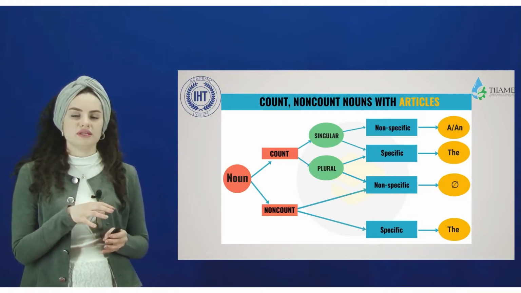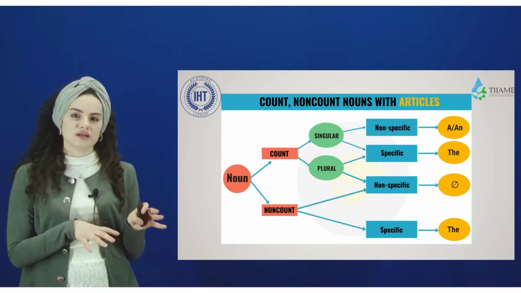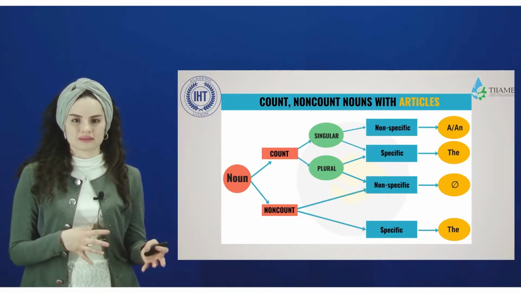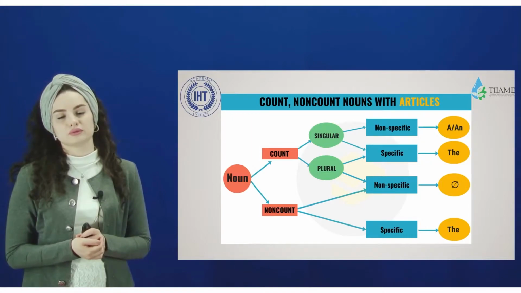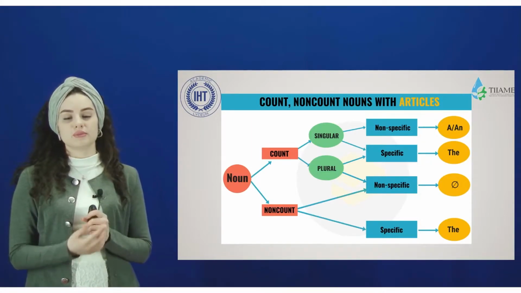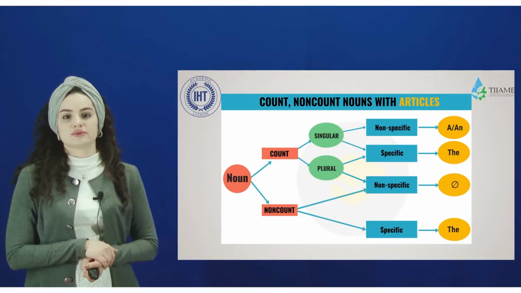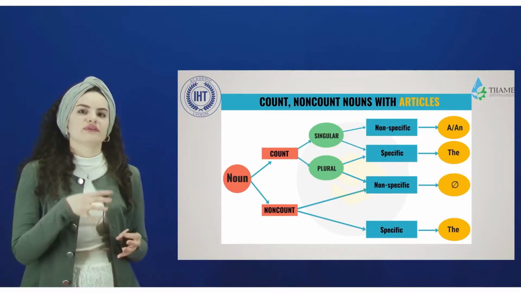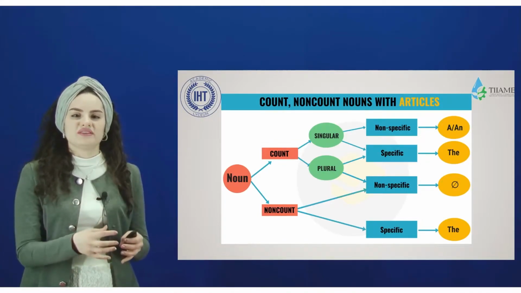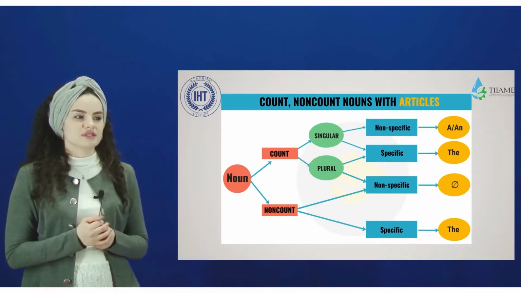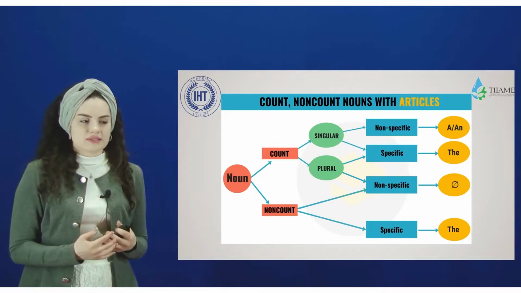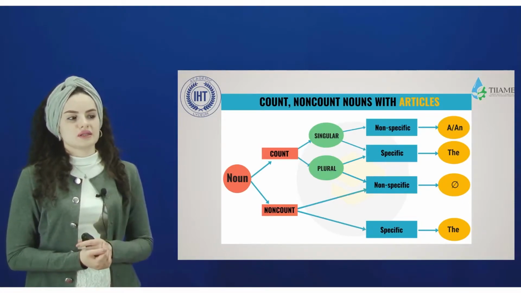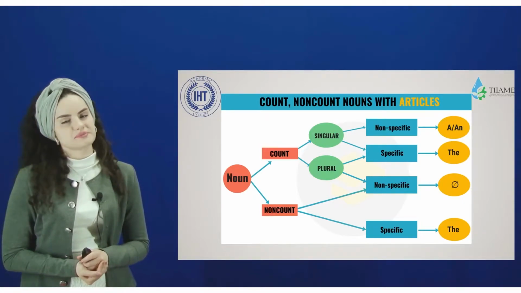So, if it's count, singular or plural, of course, we may divide them into a big amount or just an amount of one. And according to that, again, we may divide them. So sometimes it may be non-specific or specific. So plural also can be non-specific or specific.